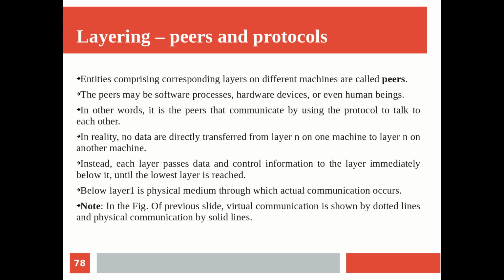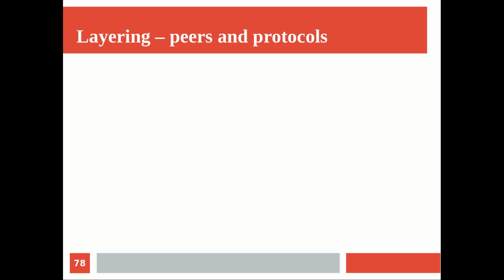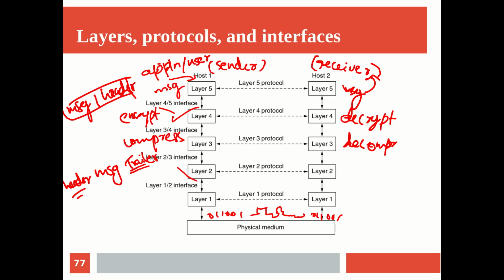In the figure of the previous slide, the virtual communication is shown by dotted lines and the physical communication by solid lines. The dotted lines are for virtual communication, as there is actually no direct connection between them. The actual physical communication is shown by the solid one, which is through the physical medium only.